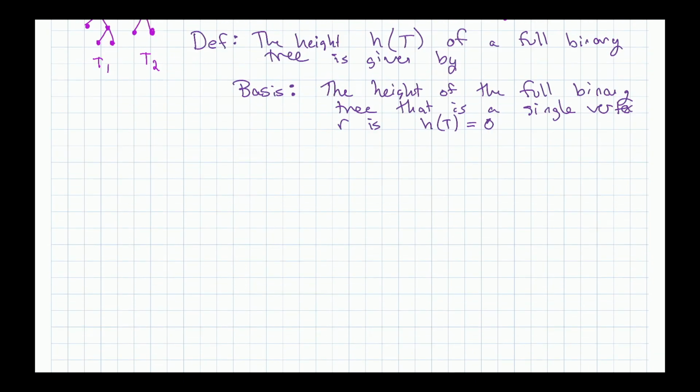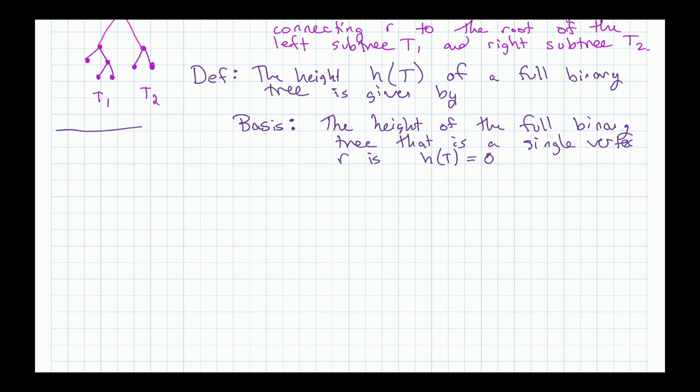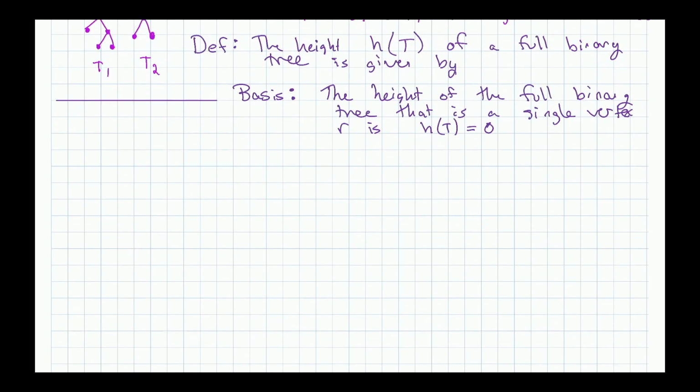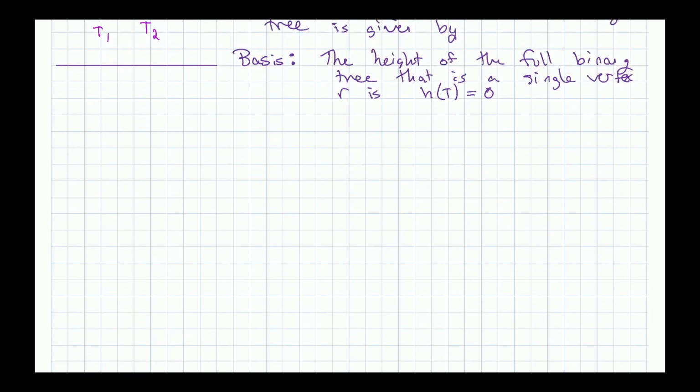So we can draw some pictures over here. If you have this, we're going to say h of T is 0. And you can probably imagine what's going to happen if you have this kind of thing.